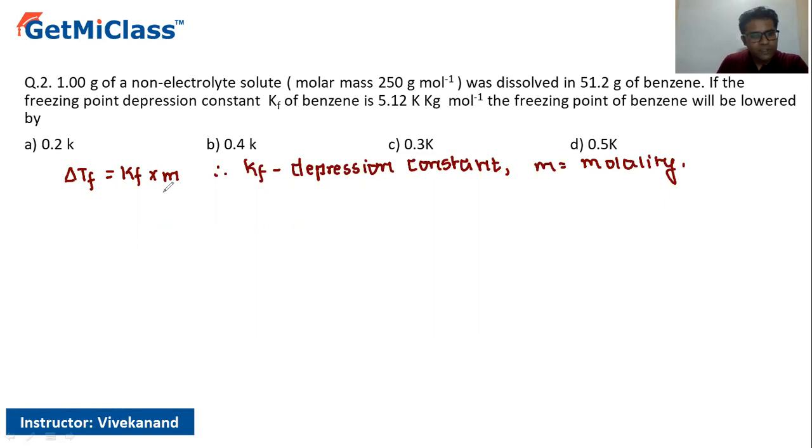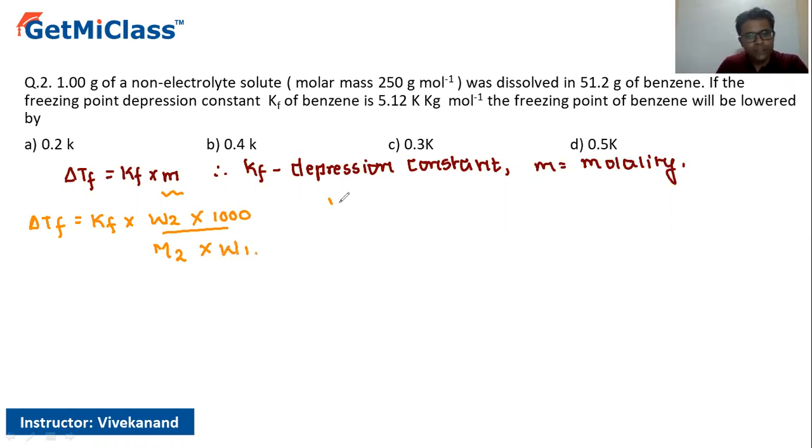So therefore, if we open up this molality, we are going to have delta Tf equal to Kf into W2, where W2 refers to the mass of solute, into 1000, the whole thing divided by M2, which represents the molar mass of the solute, into W1.